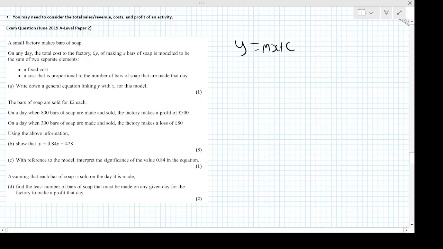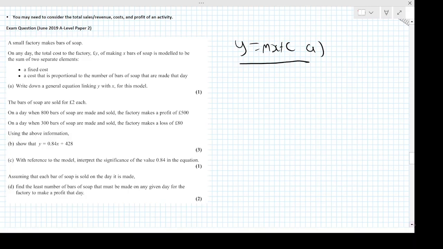Well, spoiler alert, that is the answer to part A. This is a general equation, meaning you can include missing constants and values. If it said write a complete equation, then we'd need to find the missing values m and c. But because it's a general equation, we just need to give what it looks like, right? So there we are, that's part A.